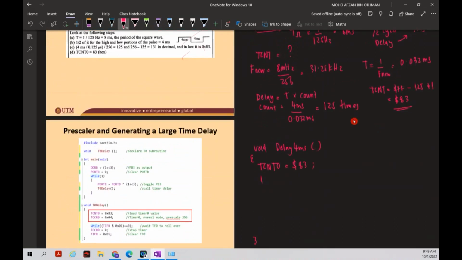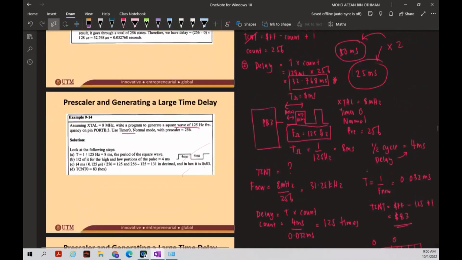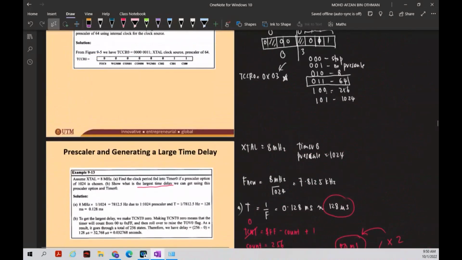And the TCCR0, what will it be? Again, go back to your TCCR and find out the value you're going to put. You put 0 because this is normal mode, and this is 256. We got it earlier: 256 is 100.